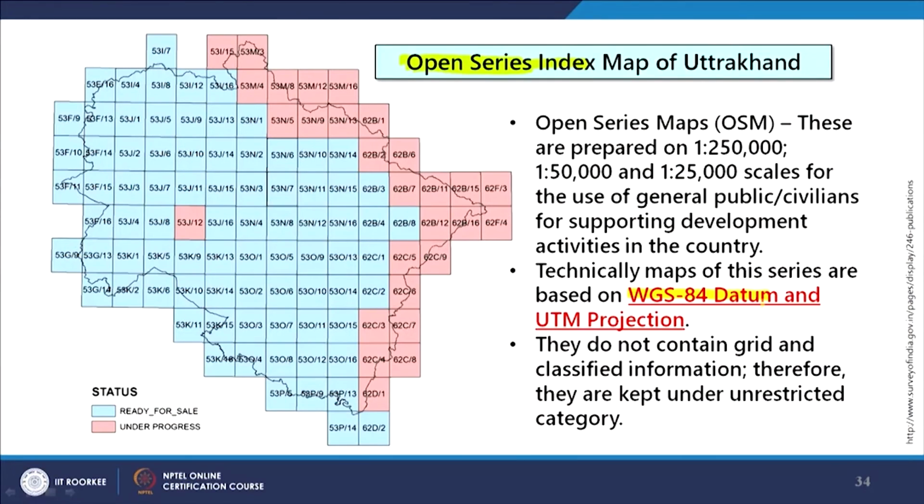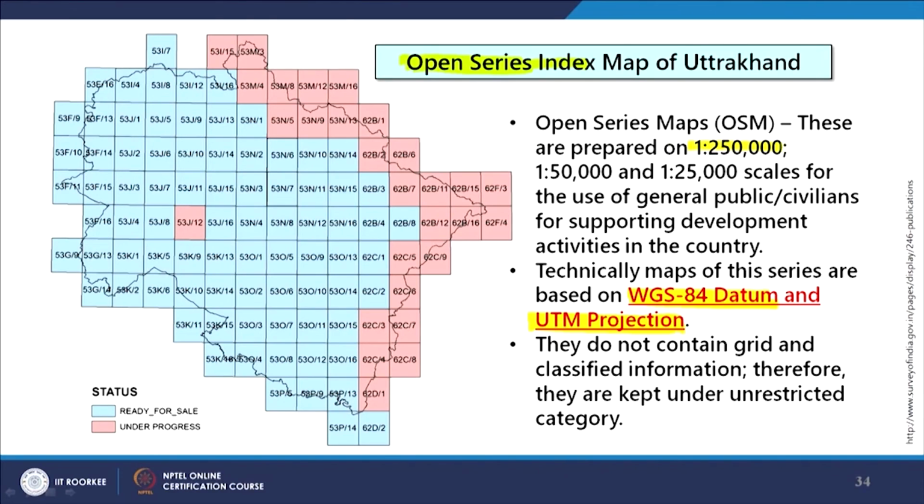But now if I do it on these open series maps, that problem will not be there, because one thing is that they are following the same datum as these GNSS systems are following, and another is the UTM projection. So, the area issue will not come because we are not located on the poles, we are just above the equator. So, in that way it is very good.